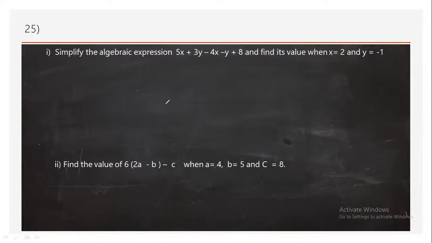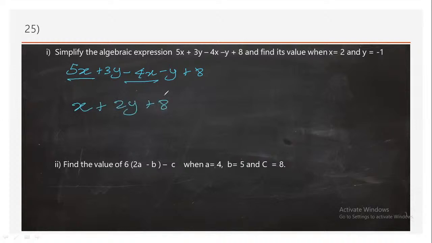Simplify the algebraic expressions 5x plus 3y minus 4x minus y plus 8. So 5x minus 4x, x. 3y minus y, 2y, plus 8.